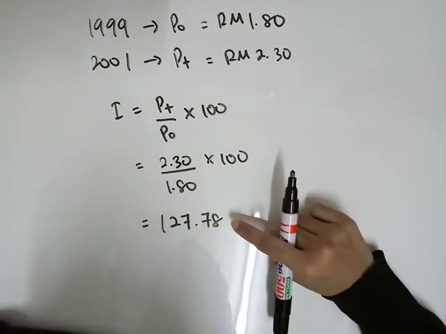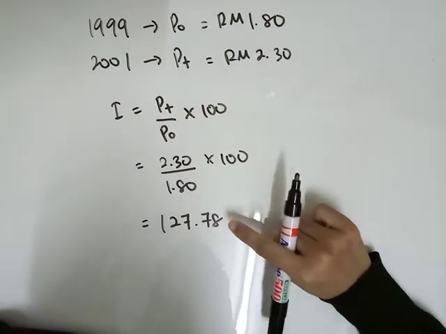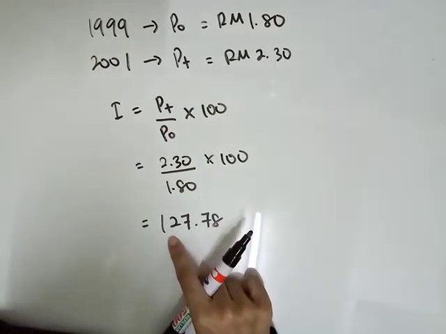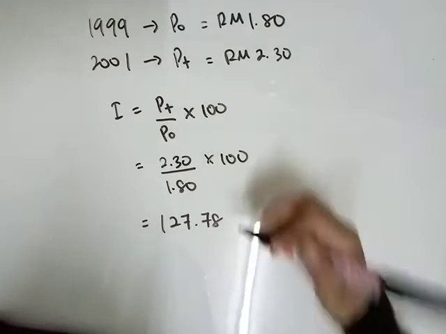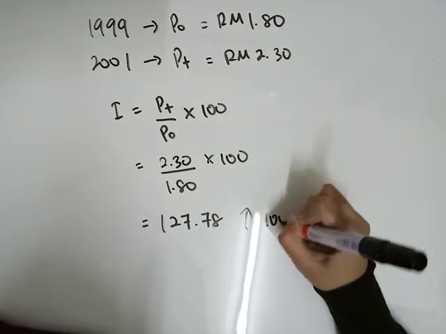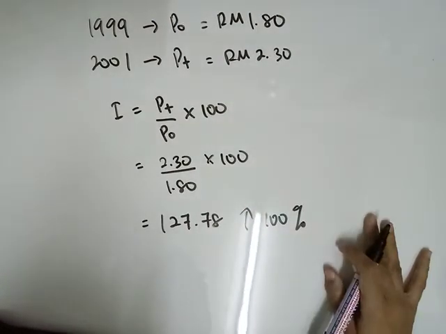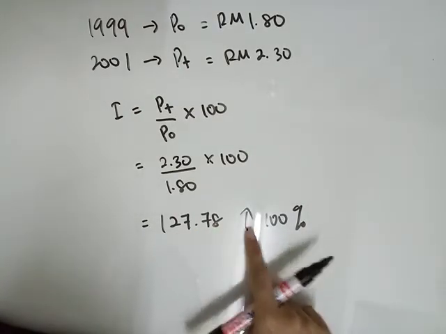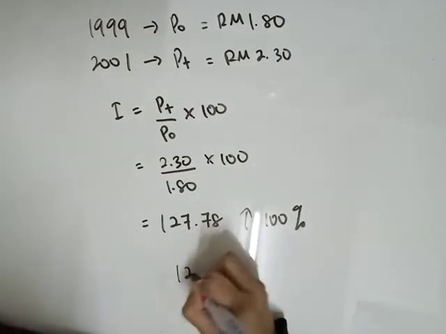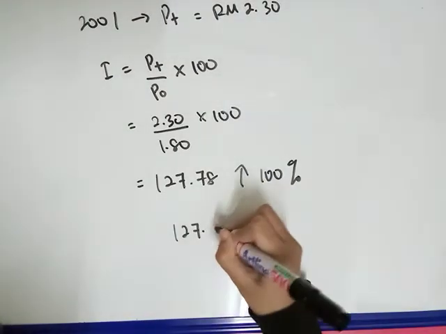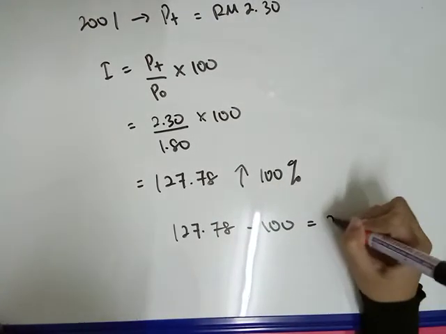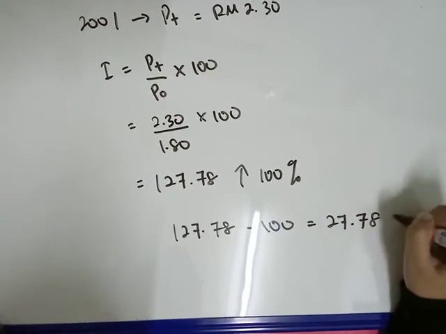So from this value, how do we know if it is an increase or decrease? 127.78 is more than 100%, so we know that it is an increase. We need to minus 100, and then it is equal to 27.78%.